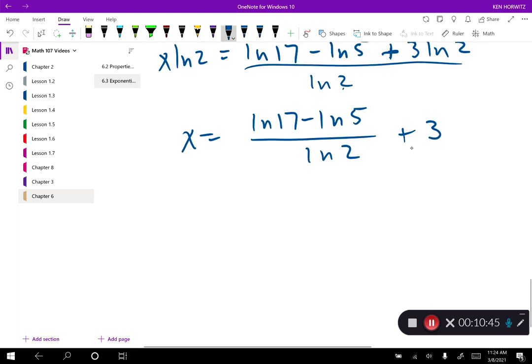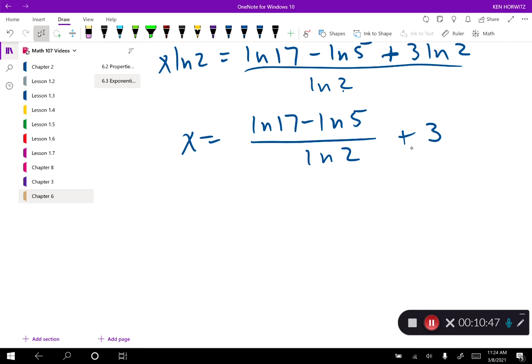So it looks like this would be my answer in lowest terms. All right. So that was an interesting one. Had a little bit of an algebra twist right at the end.